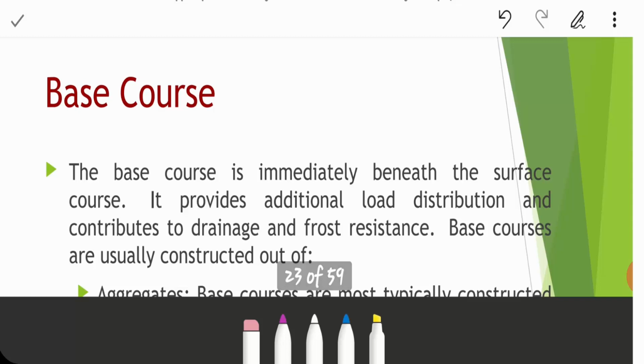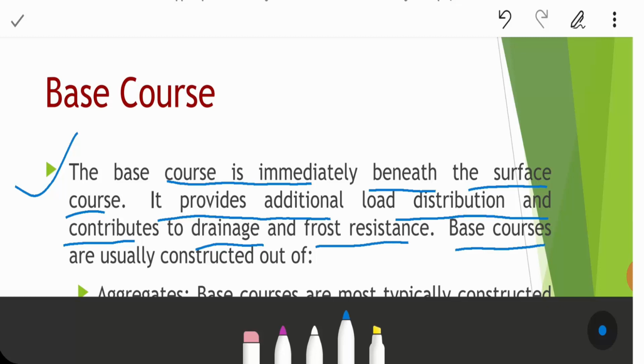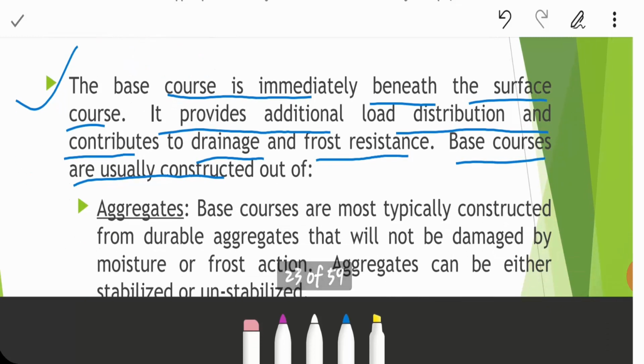Now the base course in detail. The base course is immediately beneath the surface course. It provides additional load distribution and contributes to drainage and frost resistance. Base courses are usually constructed out of aggregates. Okay? So, which is aggregate?